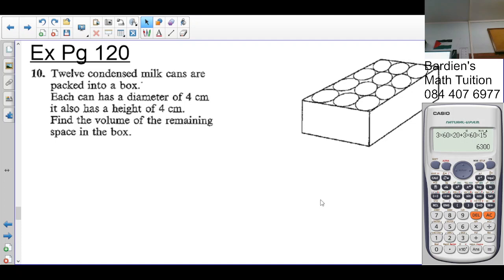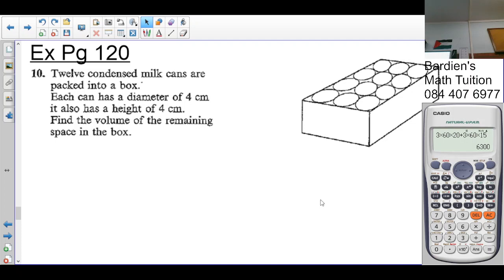Okay, well, what do you think needs to be done? The volume of the condensed milk minus the rectangular box. Which one's going to be bigger? The box. So it's actually the volume of the box minus the volume, not the area, the volume of how many condensed milk cans? 12.